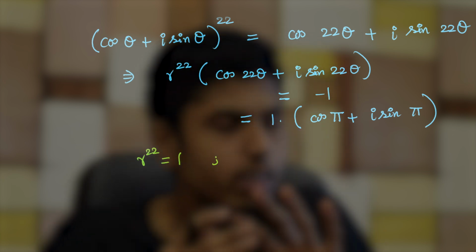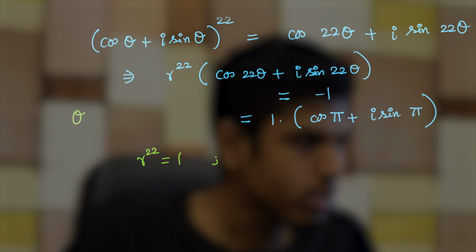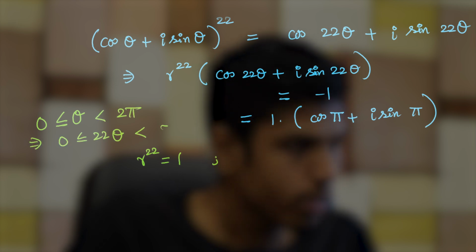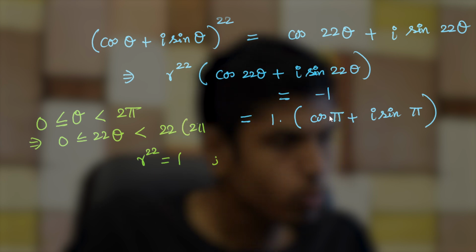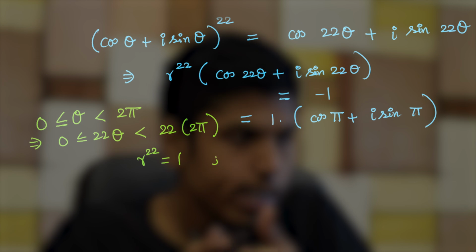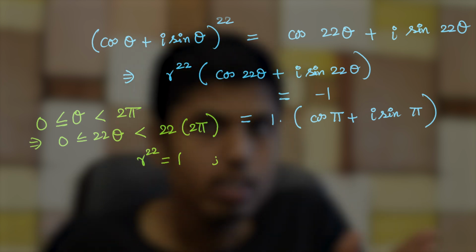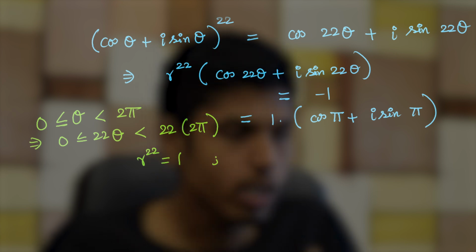And since we can assume that theta is in the principal range, that is theta is greater than or equal to 0 and less than 2 pi, it implies 22 theta is between 0 and 22 times 2 pi. Thus, what are the values in this range that correspond to an angle of pi in the complex plane? Think about it.